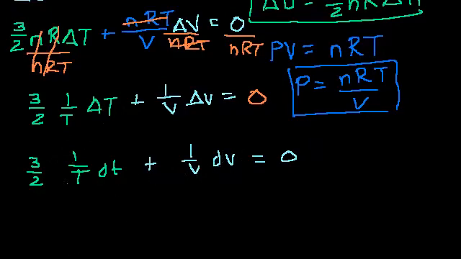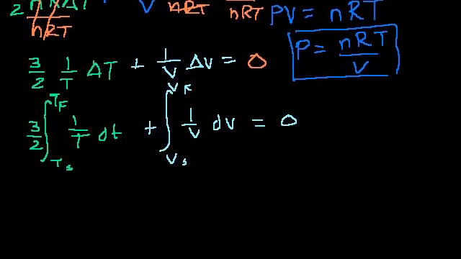So let's do that. I want to go from temperature start to temperature finish, and this will be going from our volume start to volume finish. Fair enough. Let's do these integrals. This tends to show up a lot in thermodynamics.